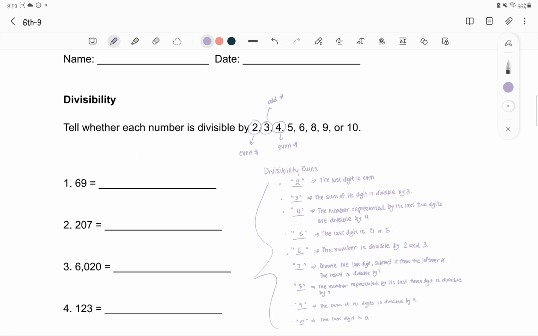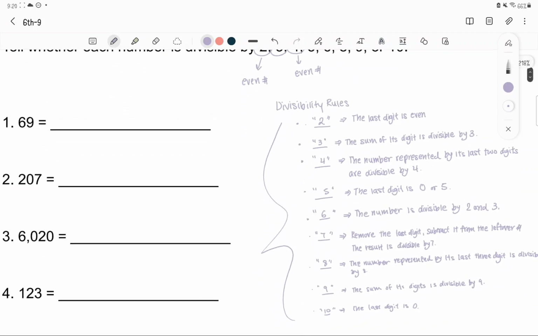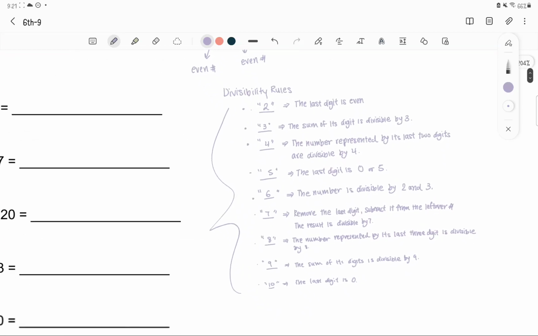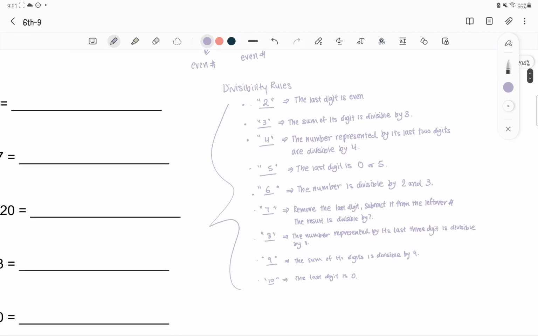So let's start off with number 1. For the divisibility rules, I wrote some of the rules that might help you when you decide which number is divisible by what number.